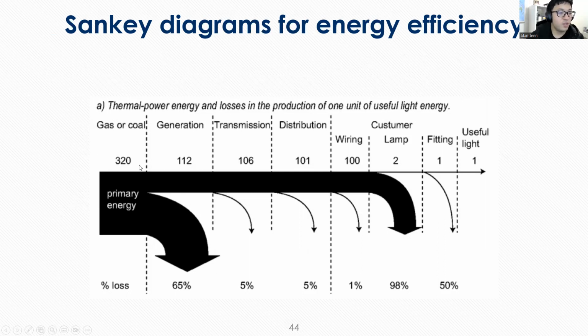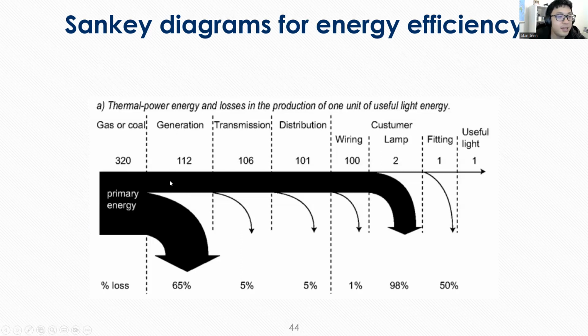So starting with my primary energy, it says here I have 320 units of primary energy, of which are needed to produce 112 units of electricity. And that is a fairly inefficient process. So you lose about 65% of the energy by combusting your fossil fuel.